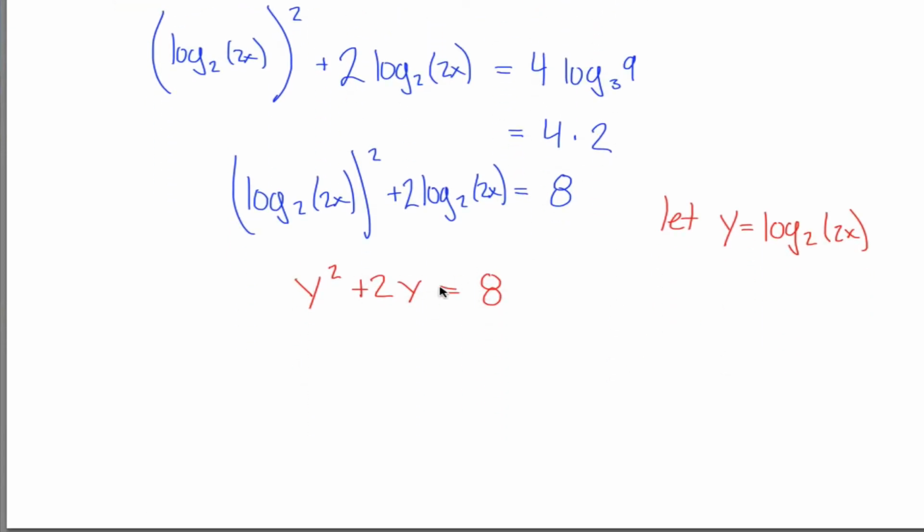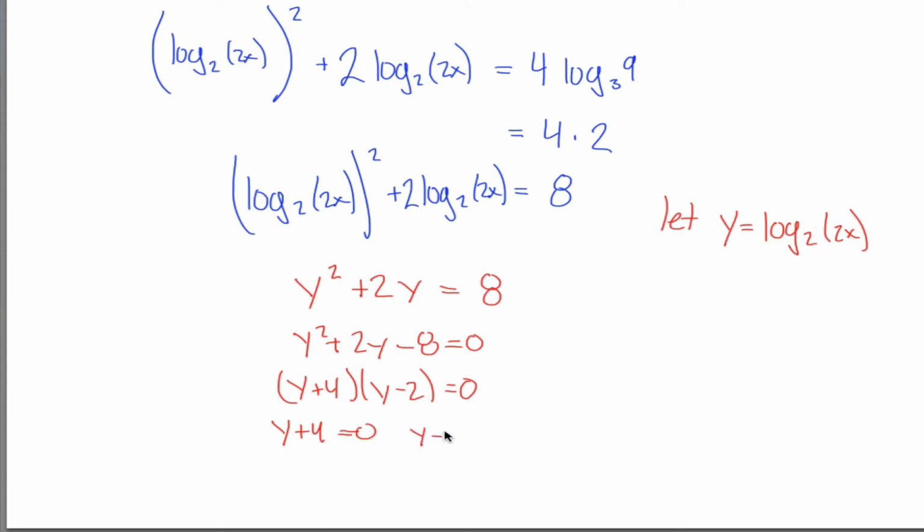To solve this, since you have a y squared term and a y term, maybe set it equal to 0 and factor. y squared plus 2y minus 8 equals 0. So y plus 4 times y minus 2 equals 0. And therefore either y plus 4 equals 0 or y minus 2 equals 0. So either y is equal to negative 4 or y is equal to 2.